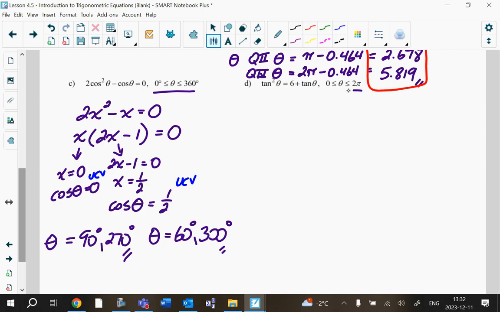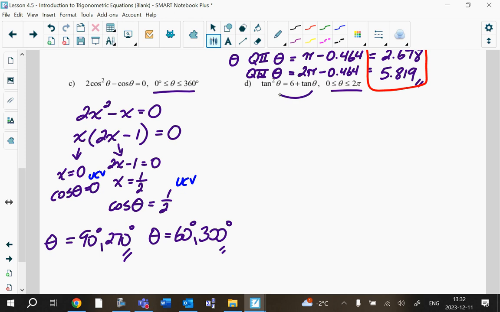Okay, next one, radians. And I've got tan, so chances are I'm going to be using my calculator. Unless tan theta equals 1 or 0 or -1, I'm going to be using my calculator. What do I need to do first? Yeah.